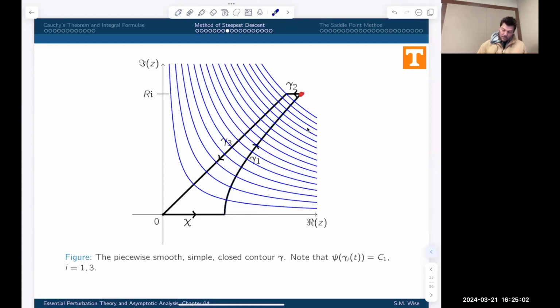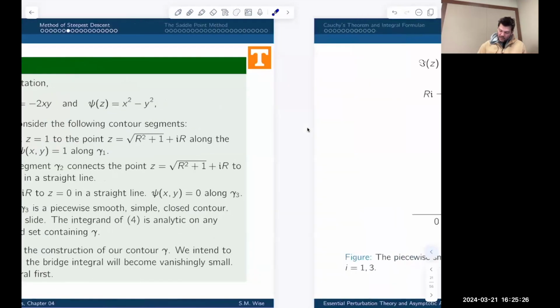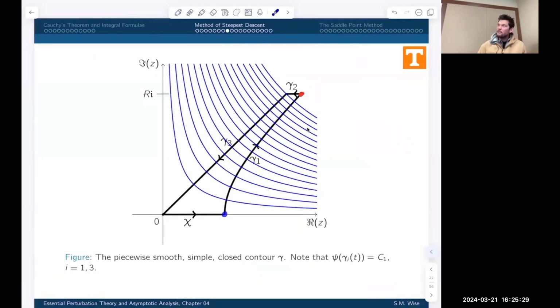Well, that's because I know what the contour should be. The contour should just be y equals x squared minus 1. And where that came from is just choosing my level curve to be psi equals 1. Now, why did I choose psi equals 1? Well, because at this point here, I have x equals 0, y equals 1. So I just have to find the connection that passes through that point.